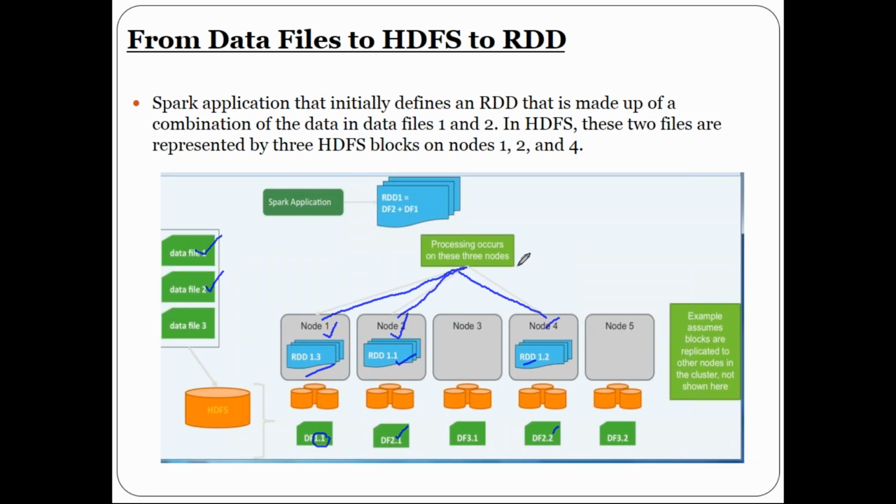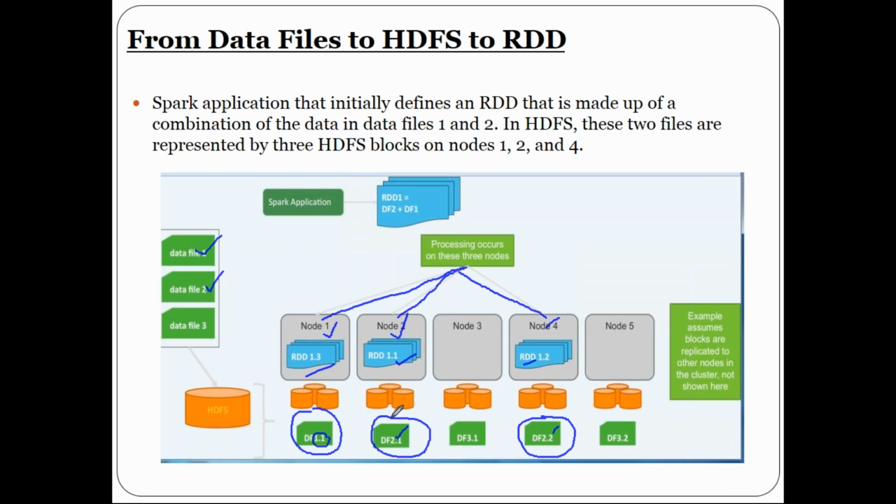Here your RDD1 is nothing but data file 2 plus data file 1. This is your data file 2, and this one is your data file 1, and this one is your data file 2.1.